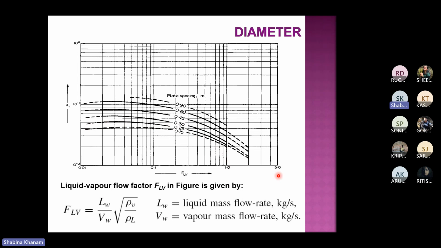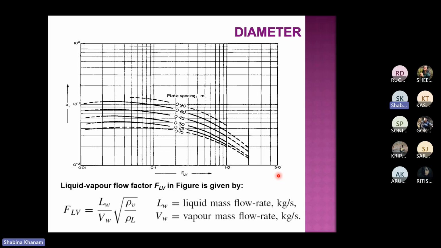Now here I would like to mention one condition. When we consider the design of distillation column, it has two different regions, that is rectifying section as well as stripping section, or above feed or below feed.